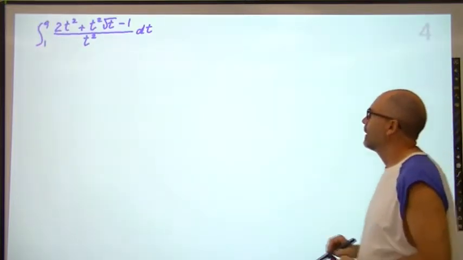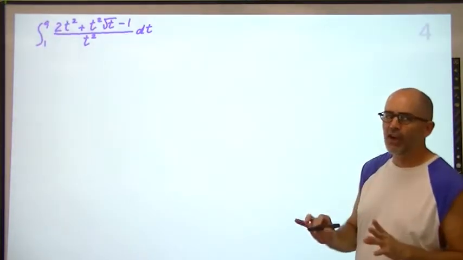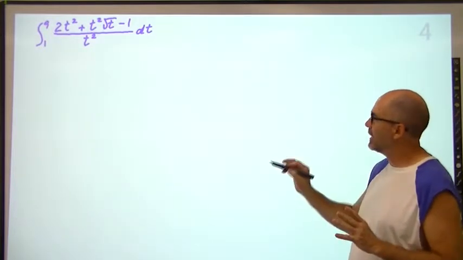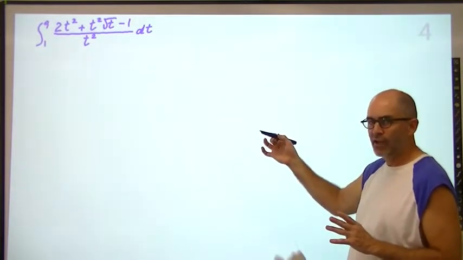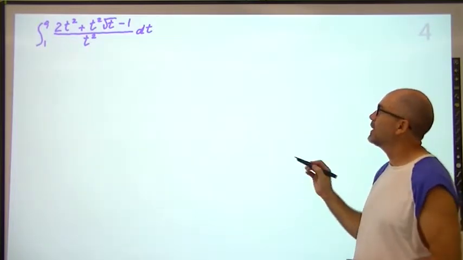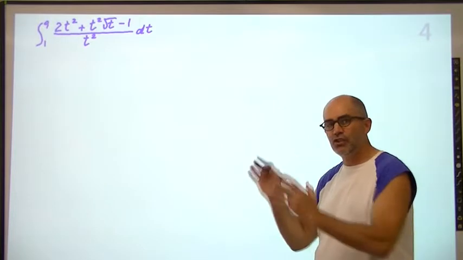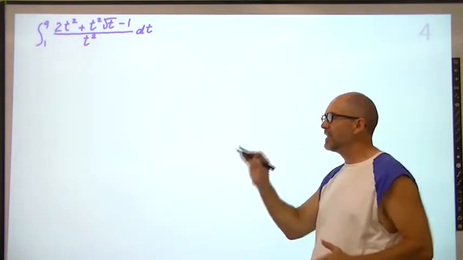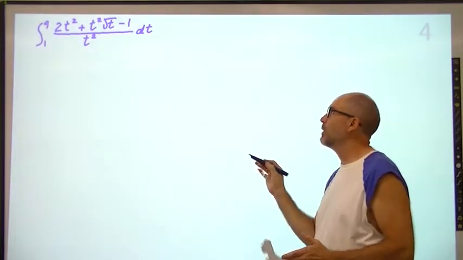All right, now, remember, we have no way of getting an integral of a fraction because we don't know how to do the quotient rule in reverse. So what we're going to do is turn this fraction into a series of monomials.